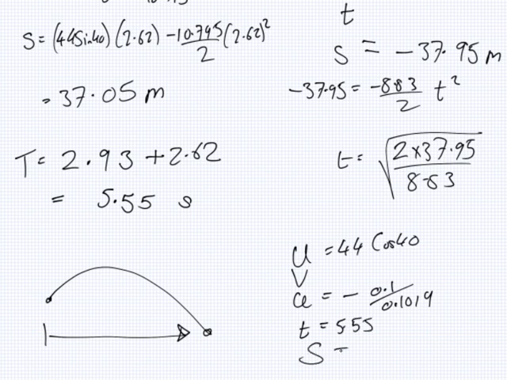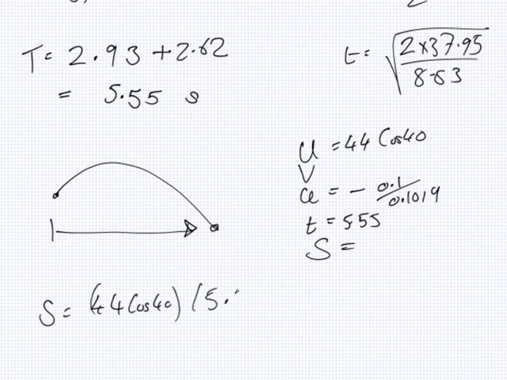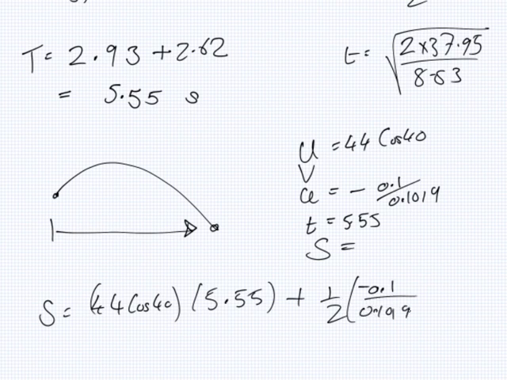And the S is what I want. So S equals UT plus a half AT squared. Okay, so what is this coming out as, please?